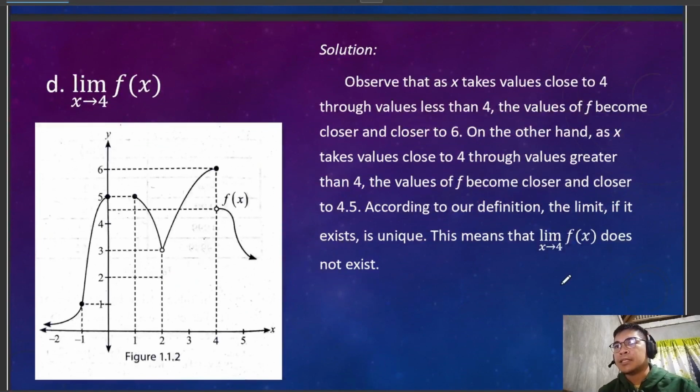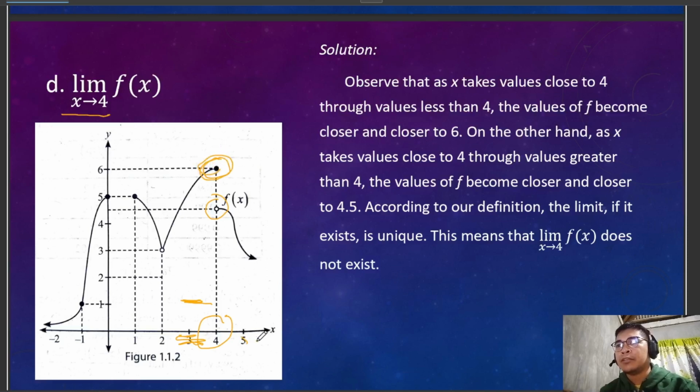And the last, the limit of f of x as x approaches 4. Here, from the graph alone, we have this closed point and this open point. Observe that as x takes values close to 4, for values less than 4, in this area, the value of y is closer to 6.